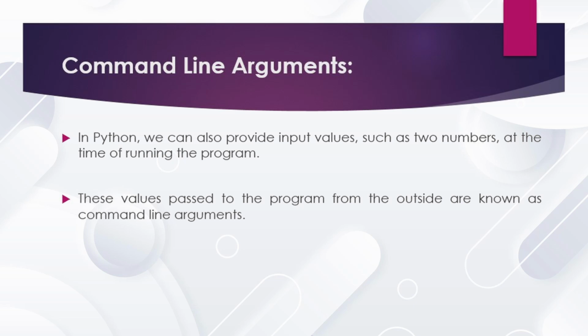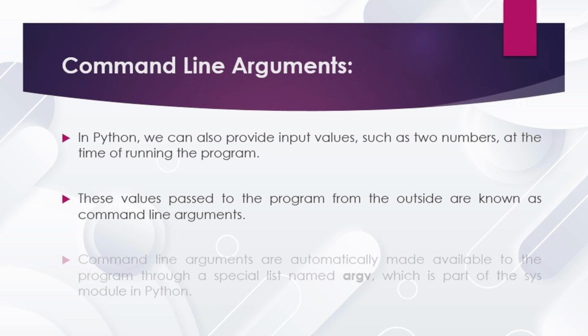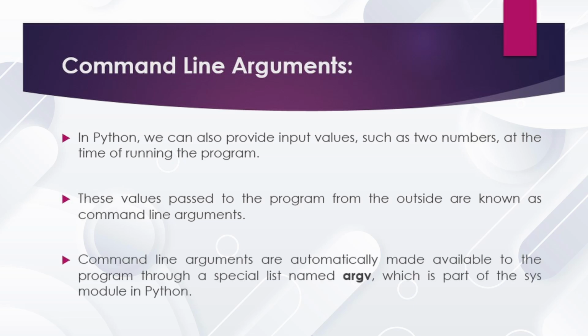They allow us to interact with the program through the command line or terminal by supplying inputs directly when launching the program. Command line arguments are automatically made available to the program through a special list named argv, which is a part of the sys module in Python.